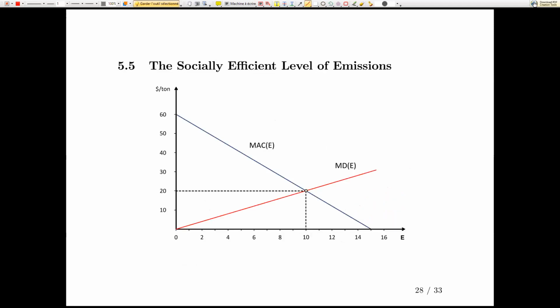So socially efficient level of emissions. Well, that's the place where, as I said, marginal abatement cost equals marginal damage. Here I just said, if only firm 1 is there, no firm 2.